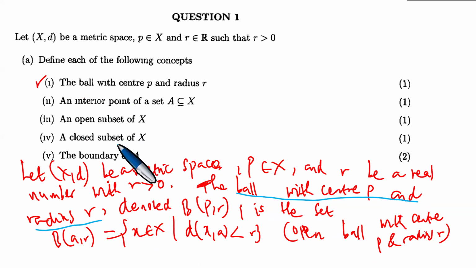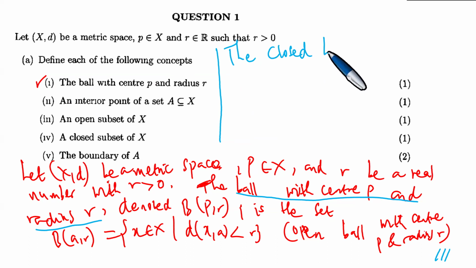But I must indicate that there are two kinds of balls. So this is enough for the question. But there's something for the question, Roman figure 1, which we call the closed ball. The closed ball is different from this, because a ball is either open or closed.